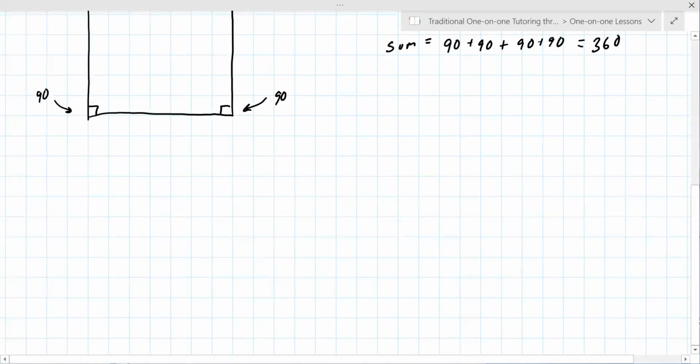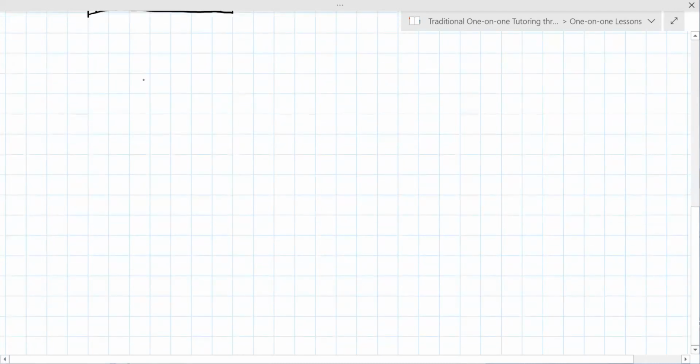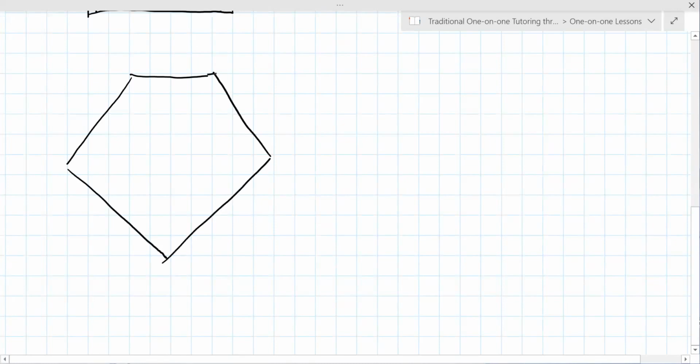All right. Now, in a pentagon, there are 5 angles. They're all 108 degrees. What do they add up to?